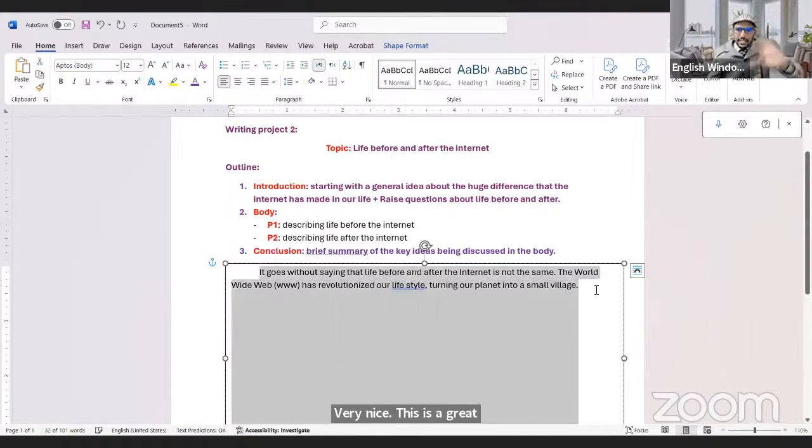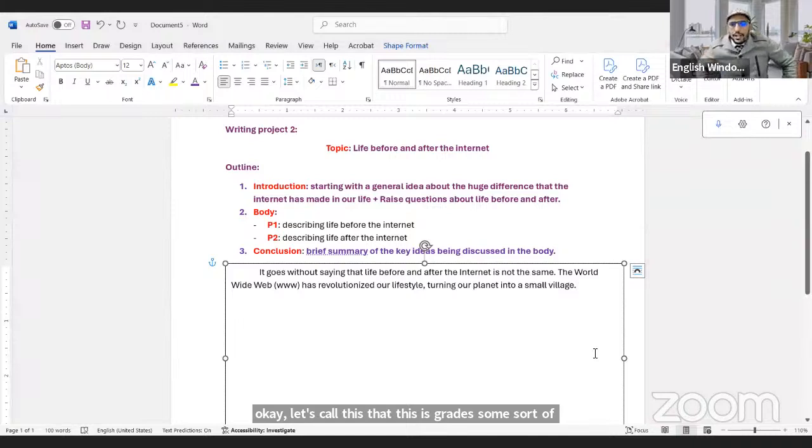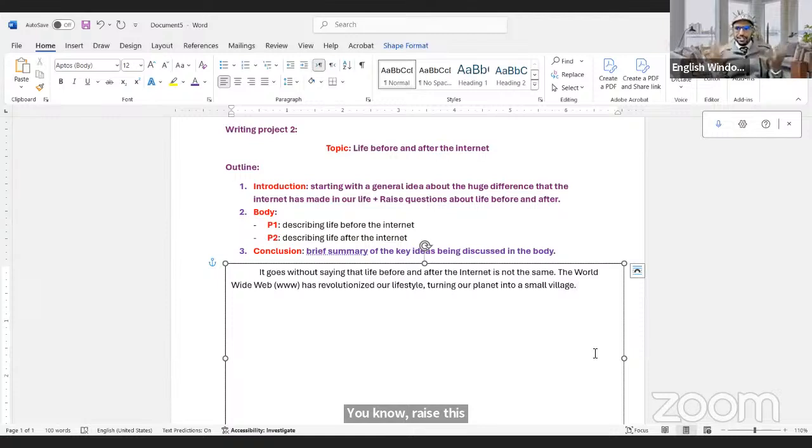Now, let's call this some sort of introductory sentence, with a great lifestyle angle attached. So now what should we do? We should raise this question, this idea of the huge differences between our life before and after.